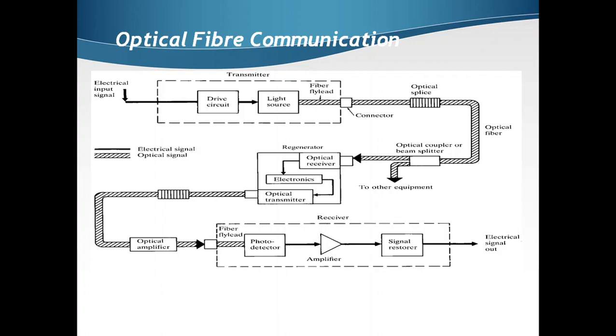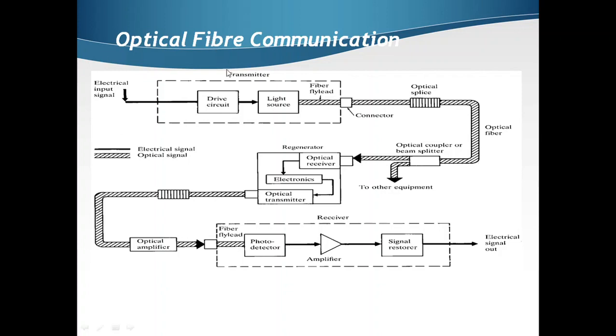As we know, in optical fiber, the signal travels in the form of electromagnetic waves and not in the form of electrical signal. So basically, the first and most important thing to do is to convert the electrical signal into the electromagnetic wave or into the form of light or photons.